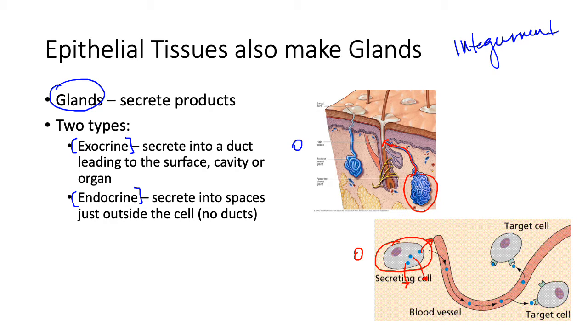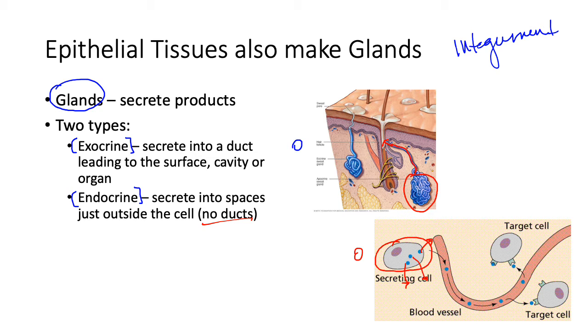And then those products can be taken up maybe by a blood vessel, which can then move those targets elsewhere. But there are no ducts in endocrine glands. So that's the big difference, duct versus no duct.